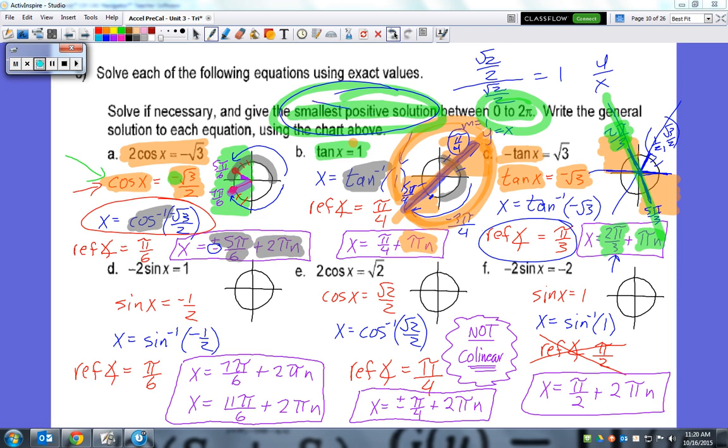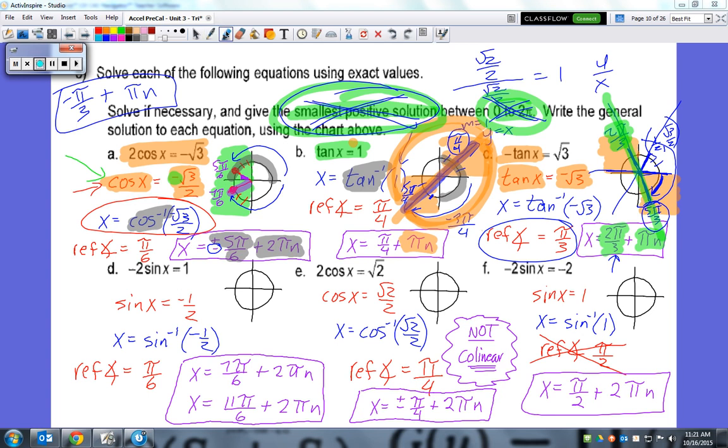Let's say both of these were not written. Well, I know arctangent's domain is from negative pi over 2 to pi over 2, so this angle that would occur coterminal with this would have to be written as negative pi over 3. So if those two were not written, we would write it as negative pi over 3 plus pi n. So understand the subtle differences as far as what's going on there.